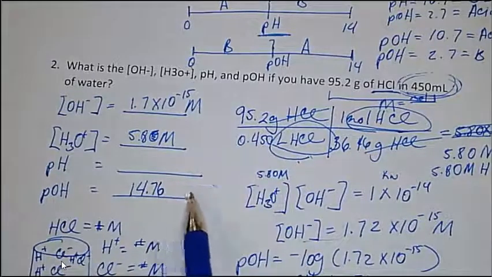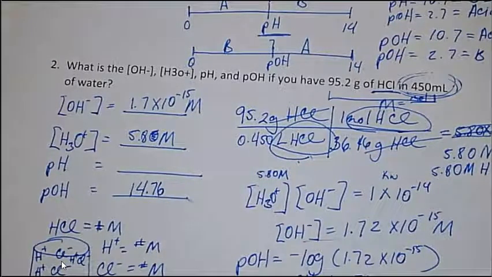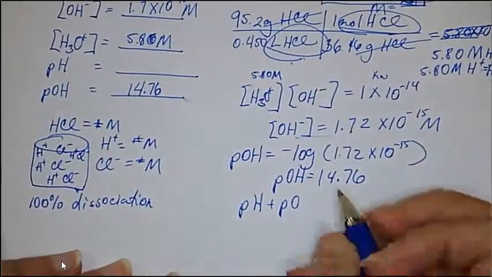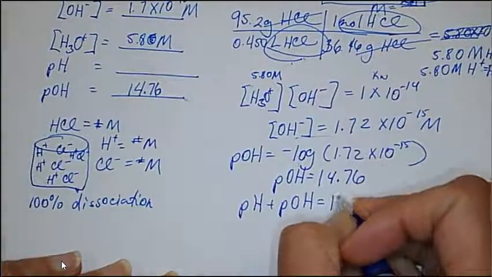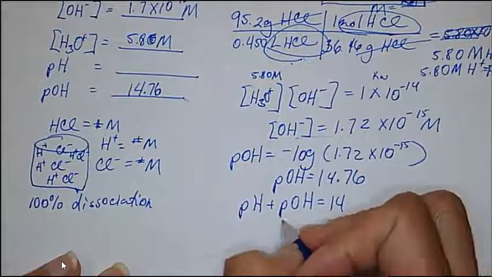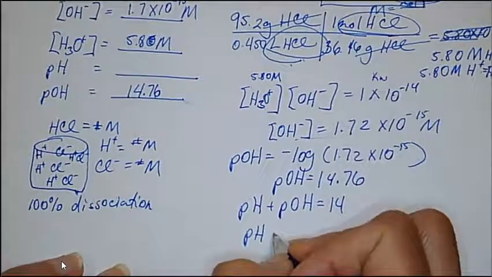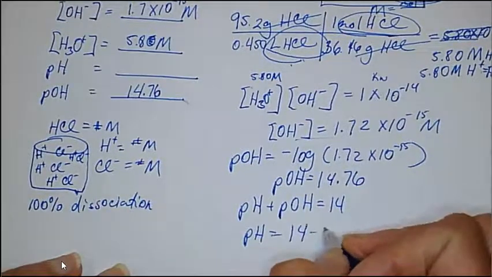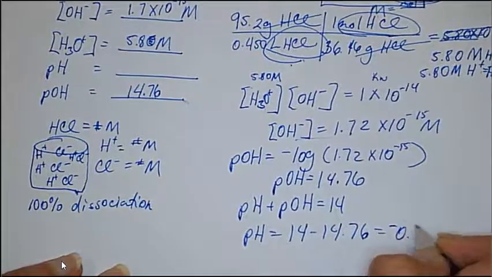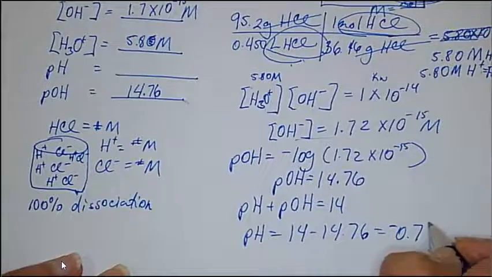And there is no unit for your pH and pOH. And then, of course, you have this equation that you can solve for pH now. So pH would be equal to 14 minus 14.76, which would give me negative 0.076.